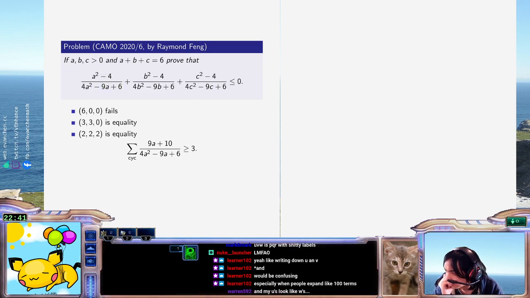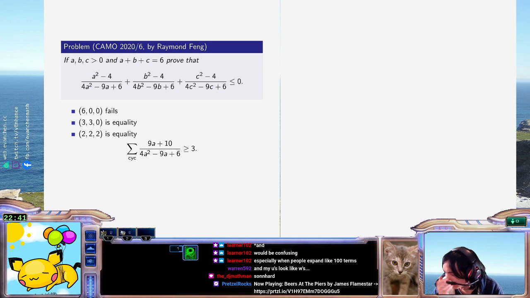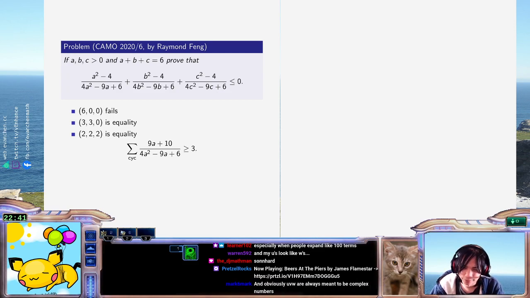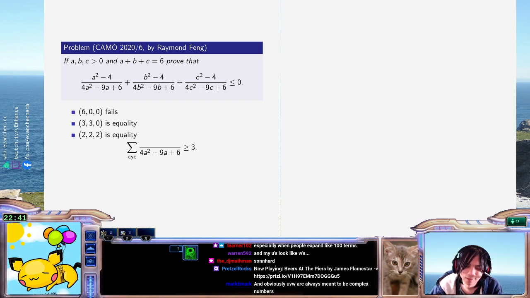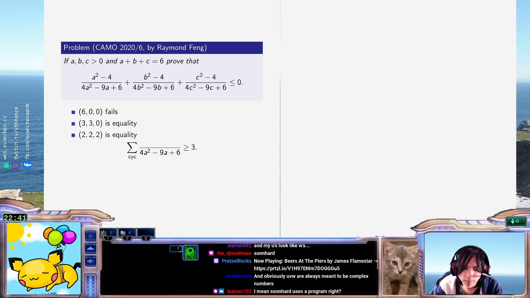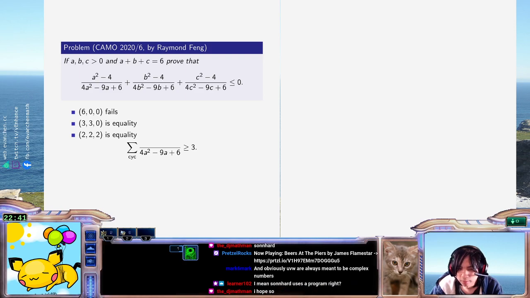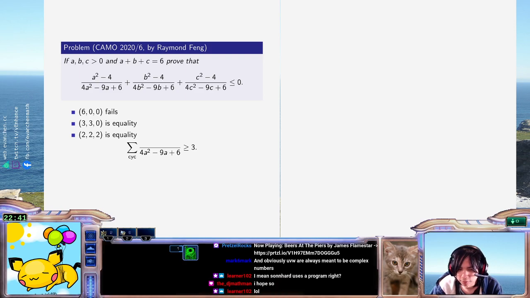4a squared minus 16. No. Hang on. Okay, what's the transformation when I do it? It's like... God damn it. So it's minus 4a squared plus 16. It's 22 minus 9a. That's not good. That's still not positive every way I want it to be.